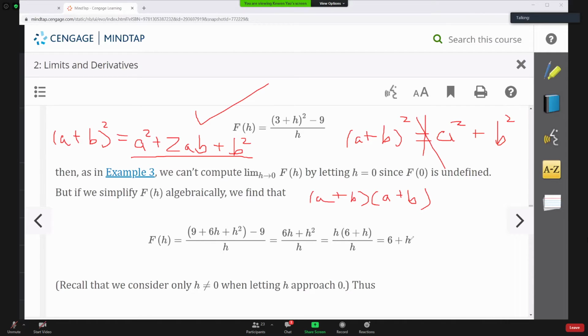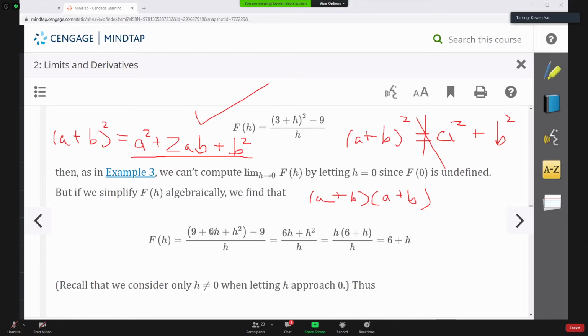We have 4 terms. You expand: a times a is a squared, you have ab plus ba, they are the same, so 2ab, and b times b is b squared. So you have 4 terms, and the two ab terms can be combined into 2ab. So this is the wrong formula, and this is the right formula.